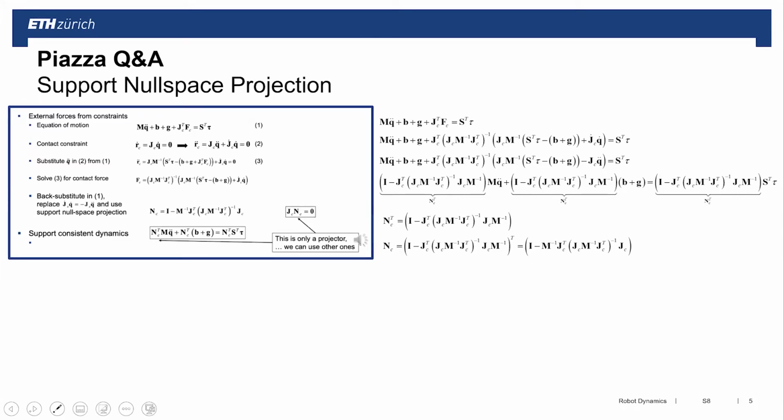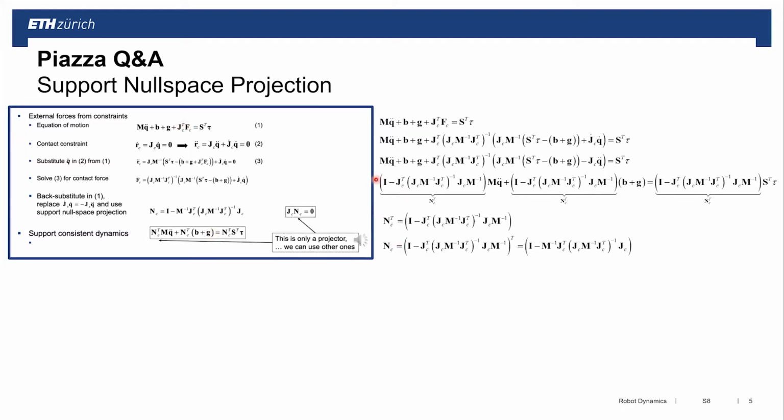So last time I made a recap about this support null space projection. I showed you exactly how you can derive this, starting from the equation of motion for a floating base system plus the contact constraints, how we can then insert these constraints and we end up with a projected dynamics equation of motion, which is now independent of this contact force.